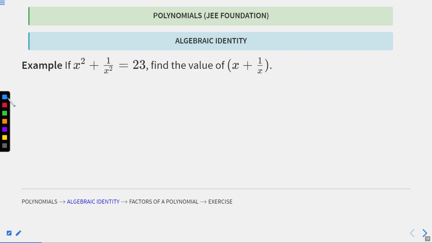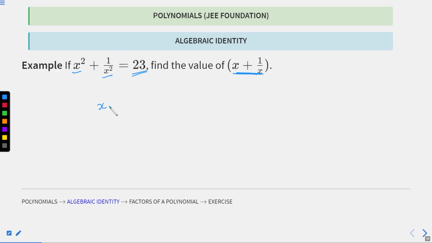Now in this example, if x square plus 1 by x square is equal to 23, then what is the value of x plus 1 by x? So just use the identity, or just use the concept. So what concept am I talking about? It is quite easy.